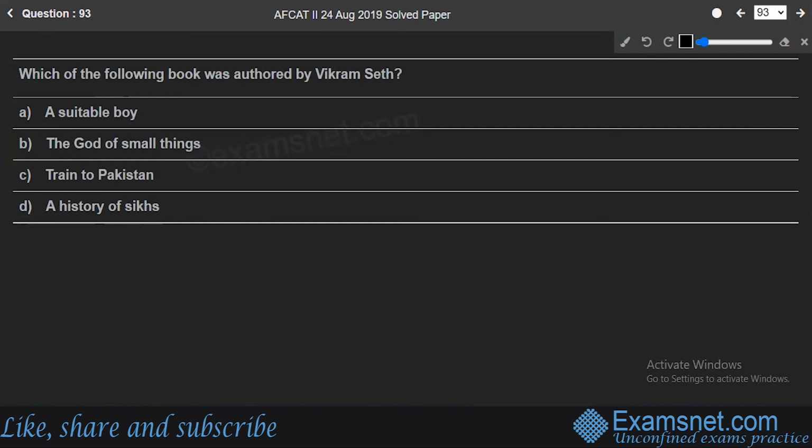Next is, which of the following books was authored by Vikram Seth? A Suitable Boy, God of Small Things, Train to Pakistan, or A History of Sikhs? Vikram Seth's famous writings include A Travel Book from Heaven Lake, which he wrote in 1983.